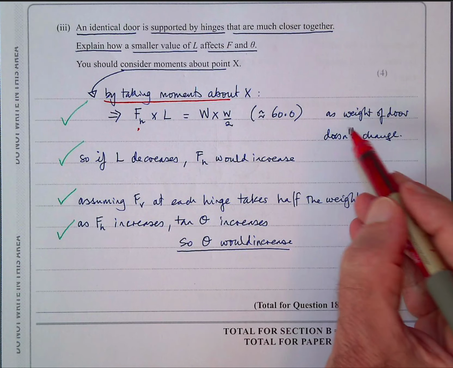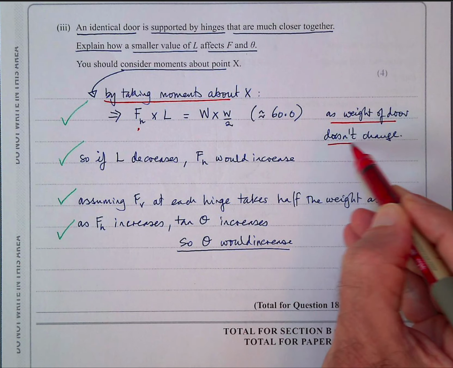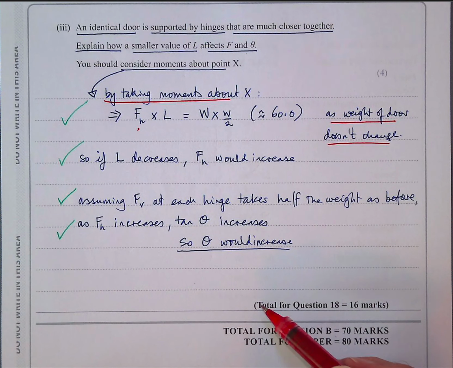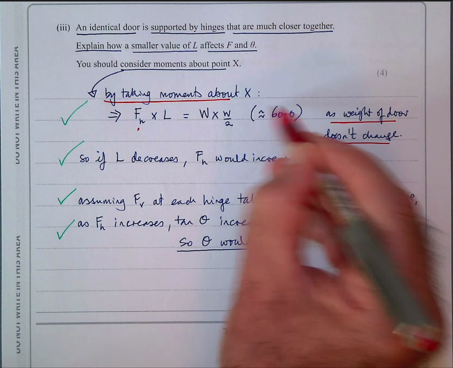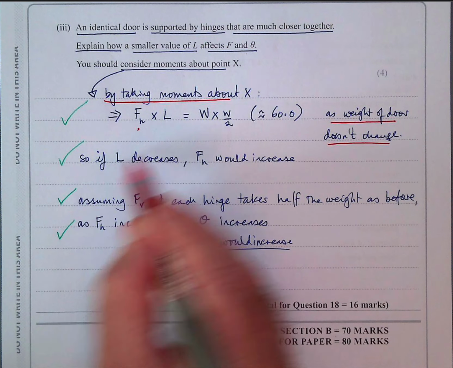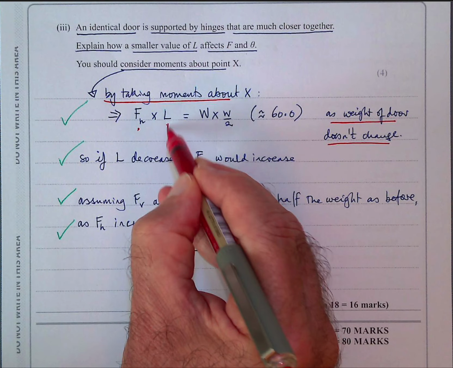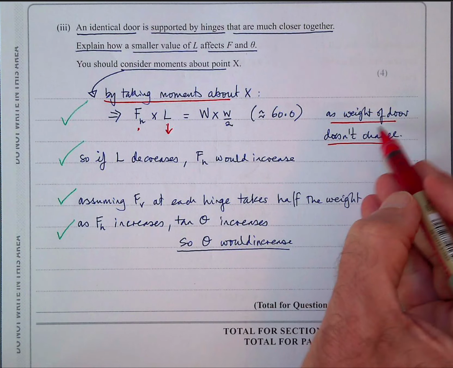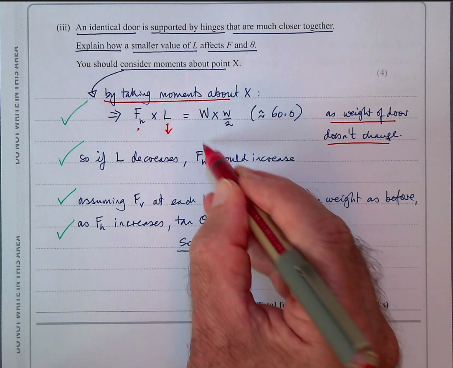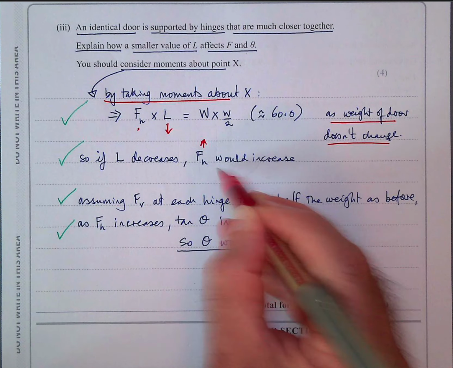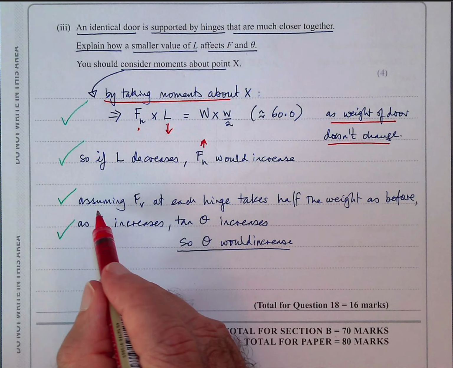As the weight of the door doesn't change, you don't really need to put this bit in. So if L decreases, W doesn't change, that means FH would have to go up to compensate for it. So this would have to increase, so you get 1 mark for that.